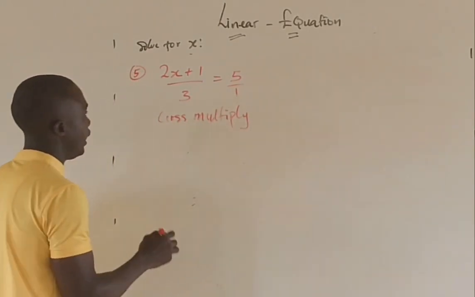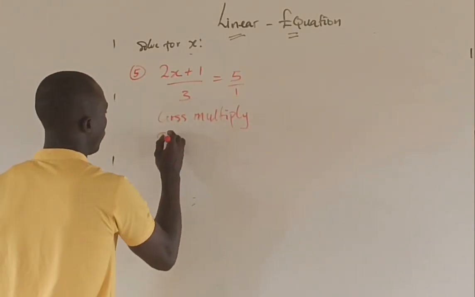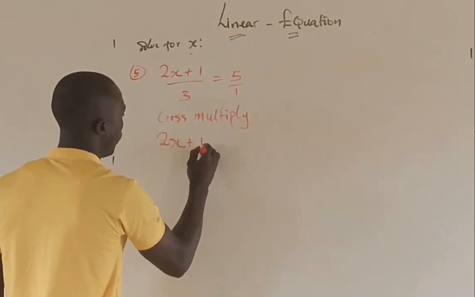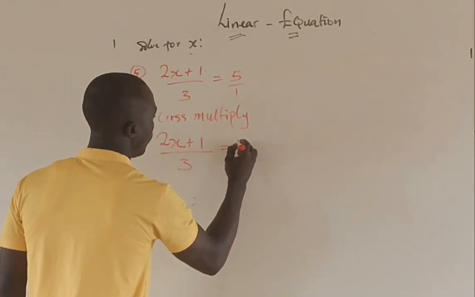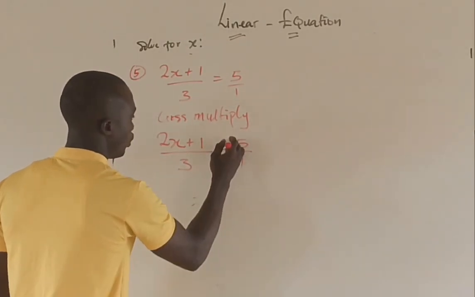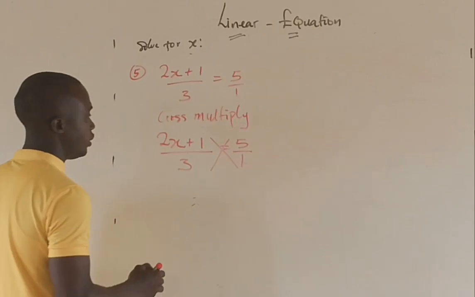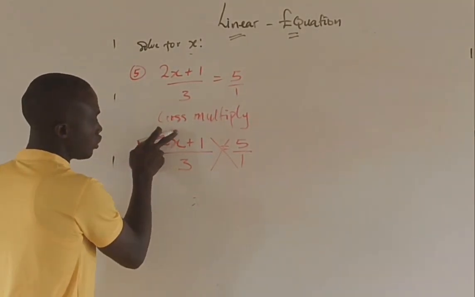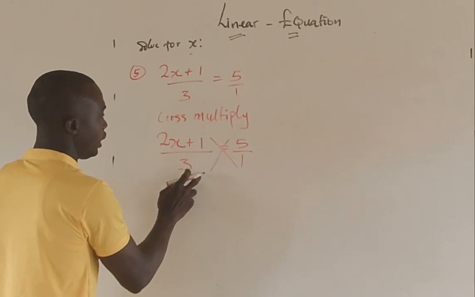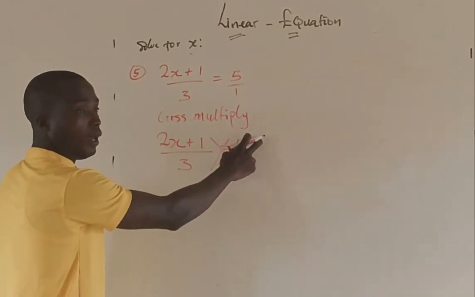In cross multiplying, we have 2x plus 1 divided by 3 equal to 5 over 1. So we cross multiply. This 2x plus 1 will multiply 1, and then 3 will multiply 5.